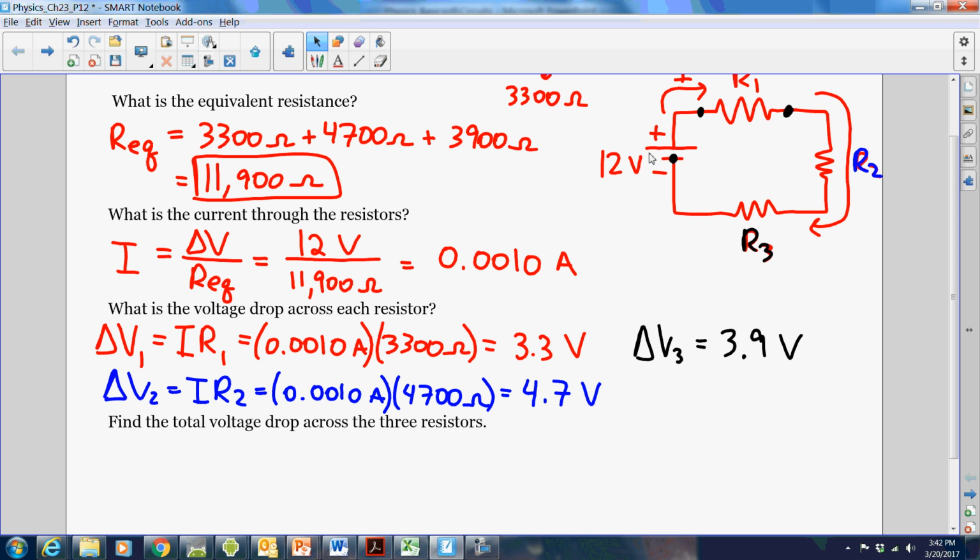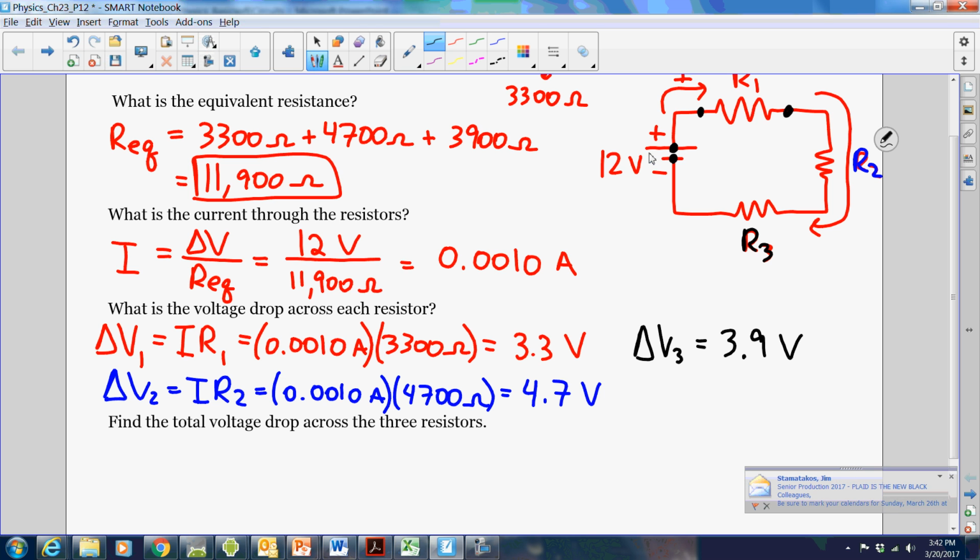Okay, and then it says find the total voltage drop across the three resistors. Well, we kind of already talked about that, right? You can write it out, or you can just say, well, if from this side of the battery to that side of the battery it's a 12-volt boost, then the rest of the way around, following the conventional current, we're going to drop down 12 volts again.